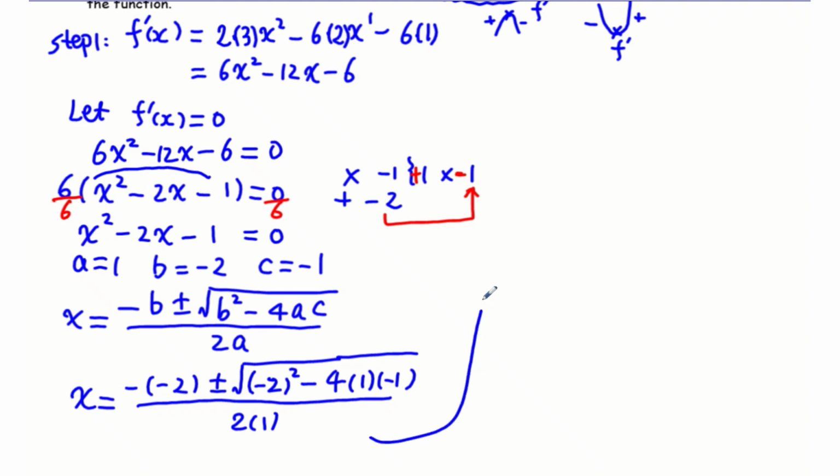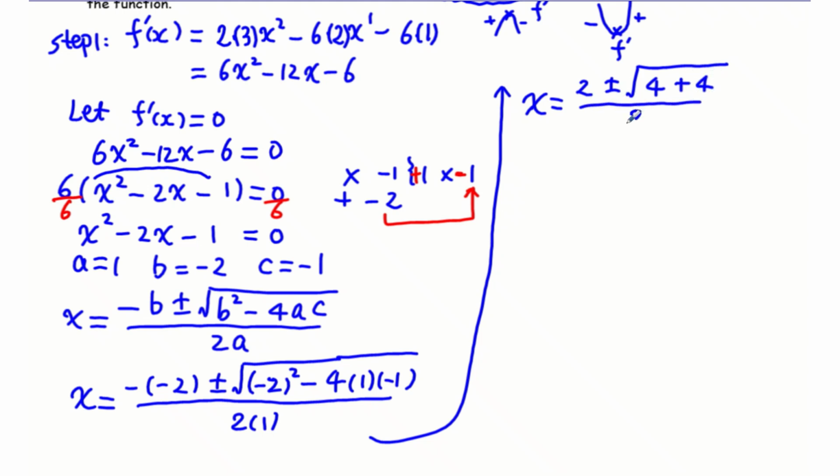Then we simplify. We have x equals 2 plus minus square root of 4 plus 4, all over 2. So x equals 2 plus minus square root 8 over 2.